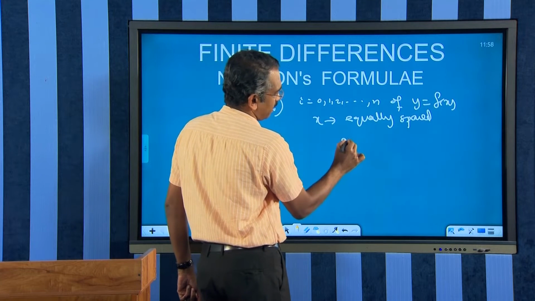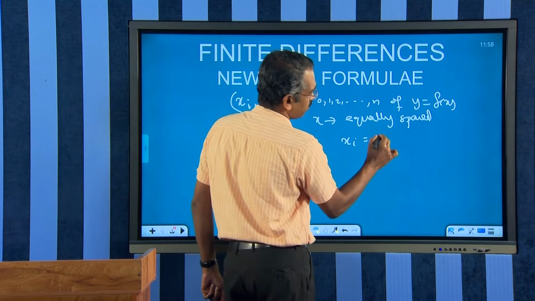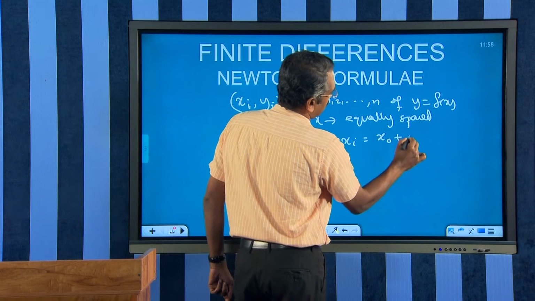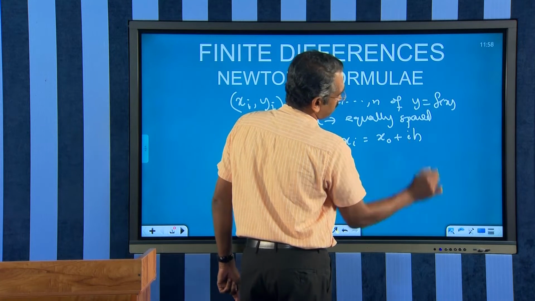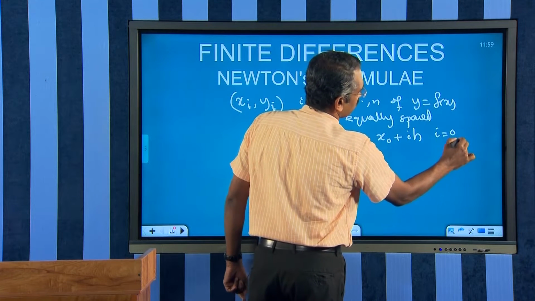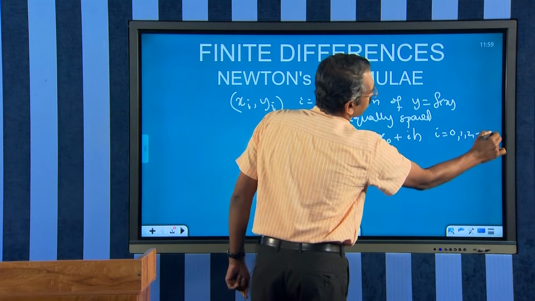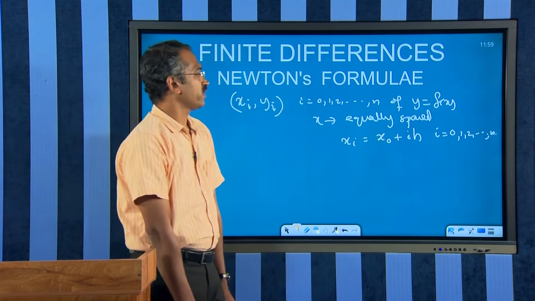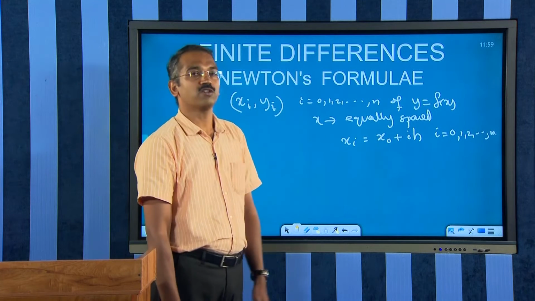That is, xi is equal to x0 plus i times h, where i varies from 0, 1, 2, 3, etc. up to n. We have been given this set of values.